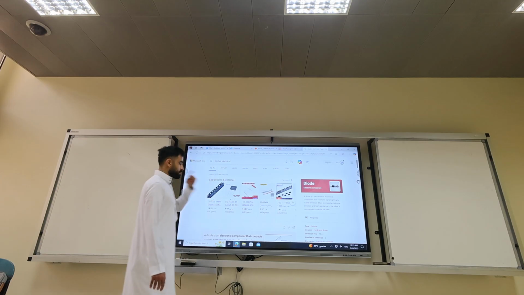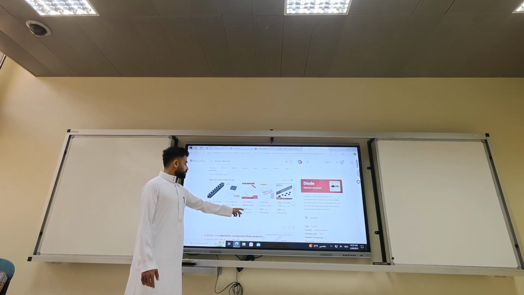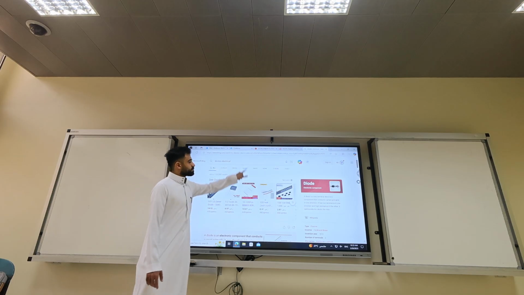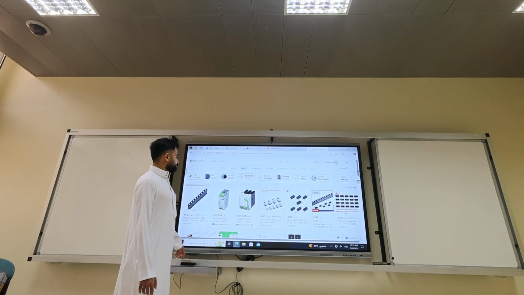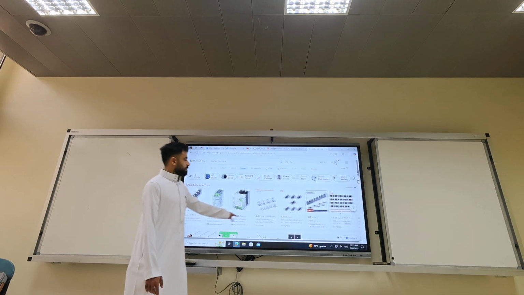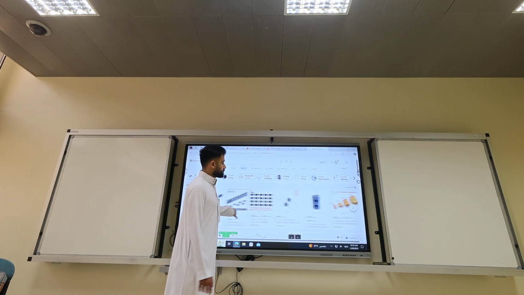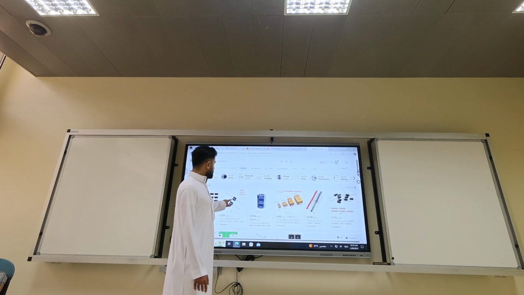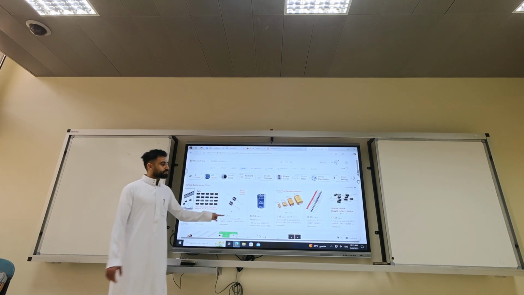You can buy it. Very cheap. 6 riyal, 14 riyal. These are some of the shapes it looks like. This is the one that you will see in the lab, okay?